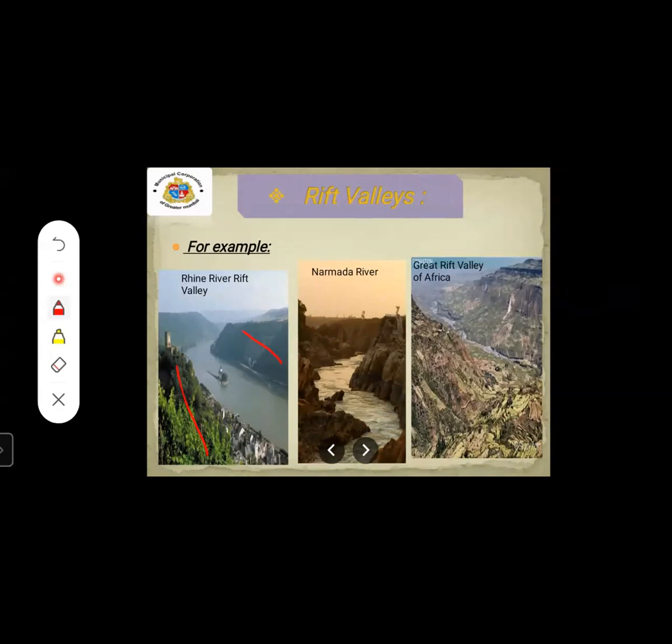There you can see is a Rift Valley. Here also, the Narmada River: on both sides there is a mountain and the middle part subsides down. There is water flowing over there. This is known as Rift Valley. Here also the Great Rift Valley of Africa. Here you can also see, student, the actual images of it.